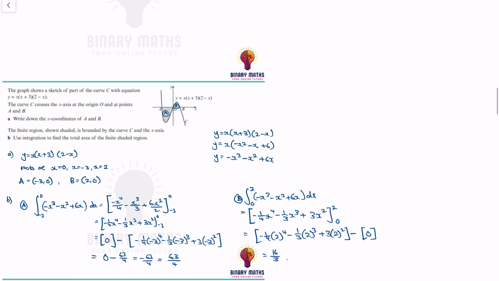So the final answer is A plus B, which is equal to 63 over 4 plus 16 over 3, which is equal to 253 over 12. And that would be a final answer.